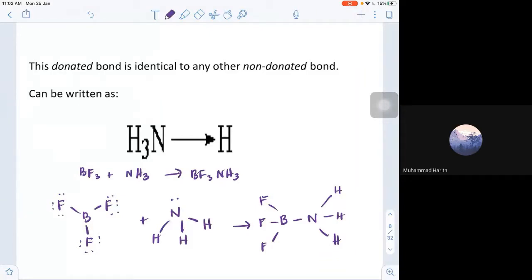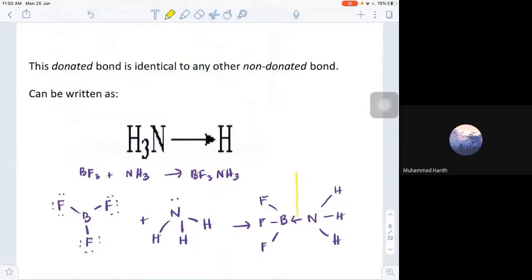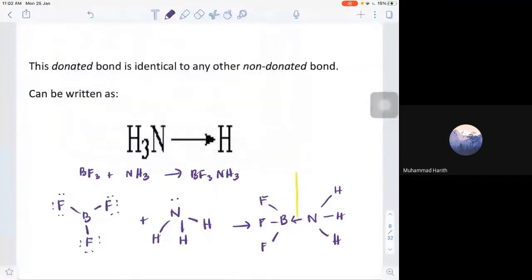Since nitrogen is the one that provides, boron is the one that receives, so the arrowhead is towards boron. This is a neutral molecule, so we don't need a bracket, but still you have to label it. So this is the dative bond. This is how you show the formation of the dative bond.